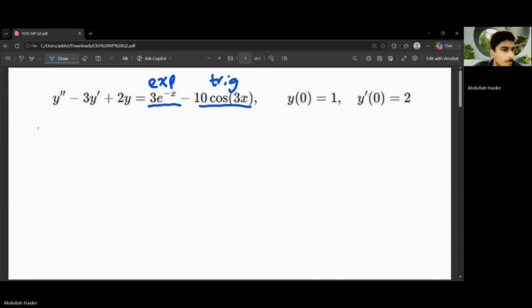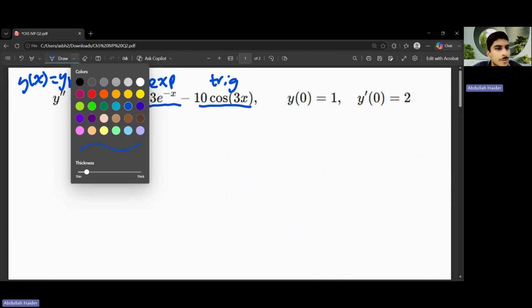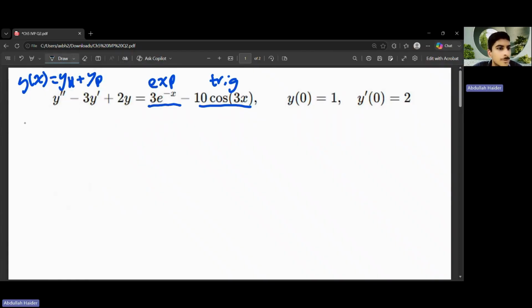And as always, the way to start is find the homogeneous, then make an assumption for yp, and then find constants. So let's first find the homogeneous solution, yh. So this will become r squared minus 3r plus 2 equals 0.